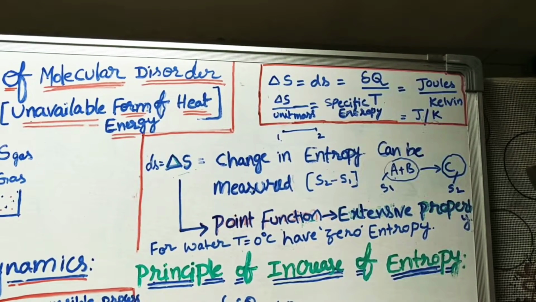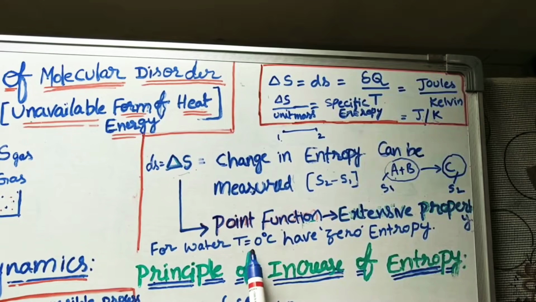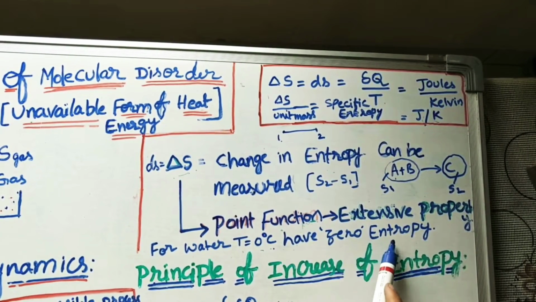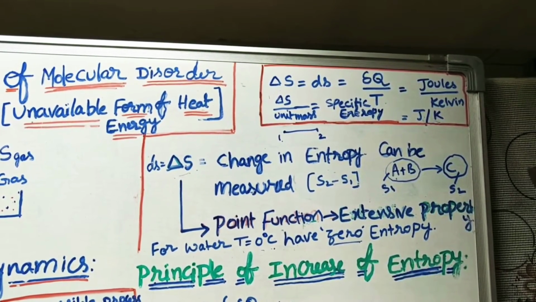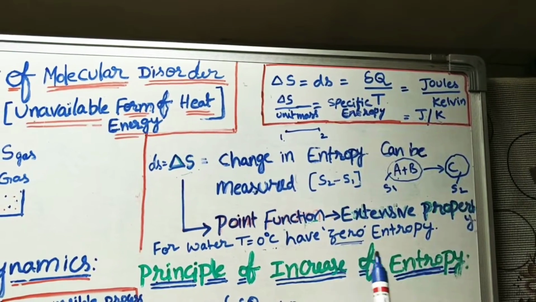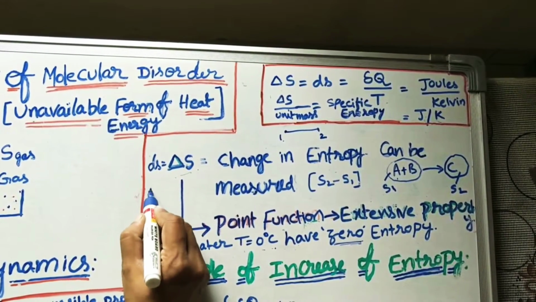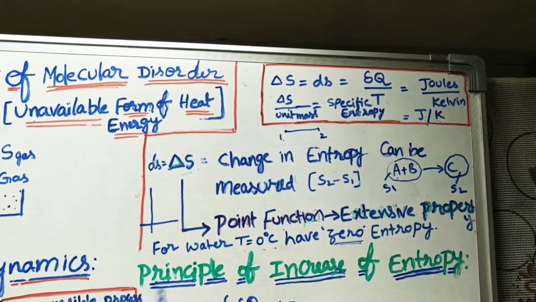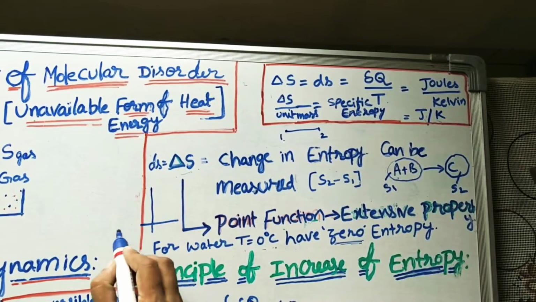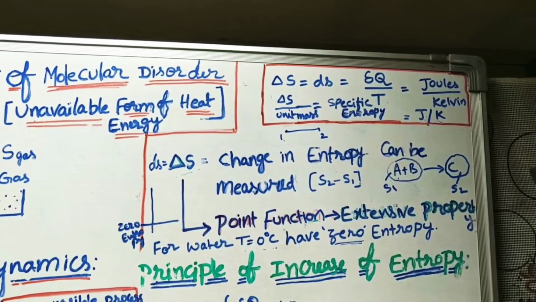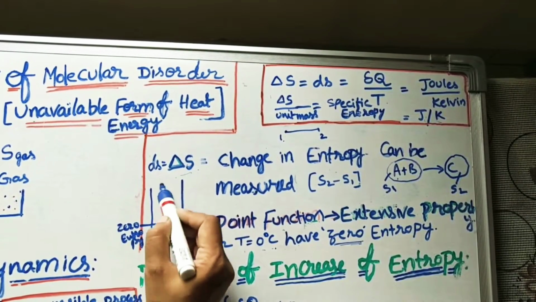Okay, and this entropy at T equal to 0 degrees C or absolute temperature is also 0. This 0 we take in the graph as a reference point, because in a graph, 0 is the reference line for measuring the vertical heights. Similarly here, this line we consider the 0 entropy line for calculating the absolute values of S1, S2, S3 like that.